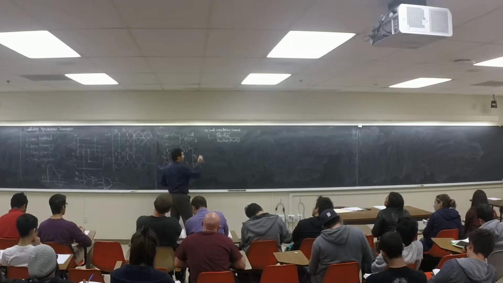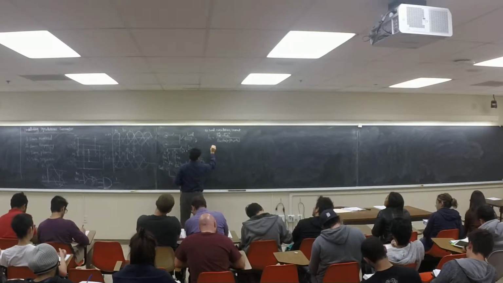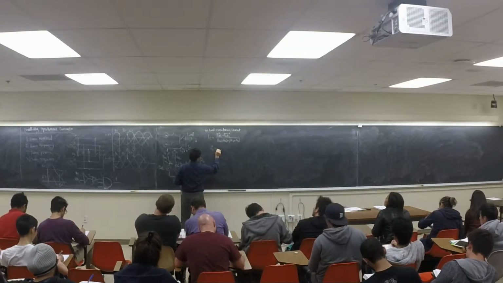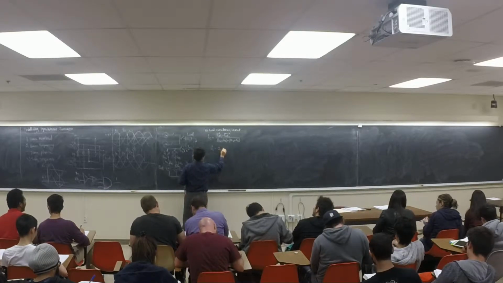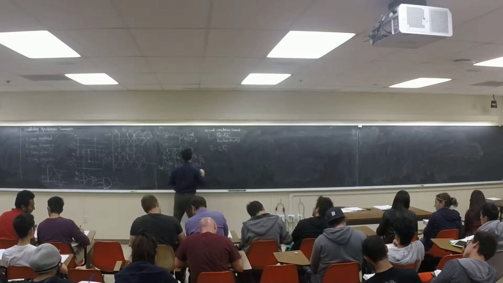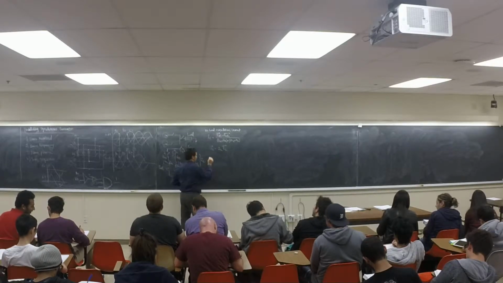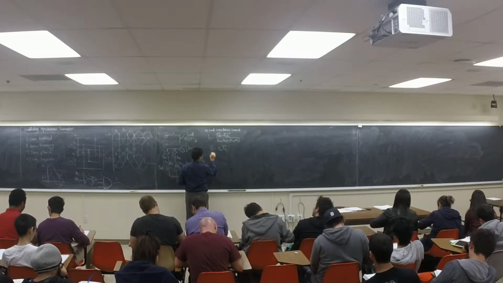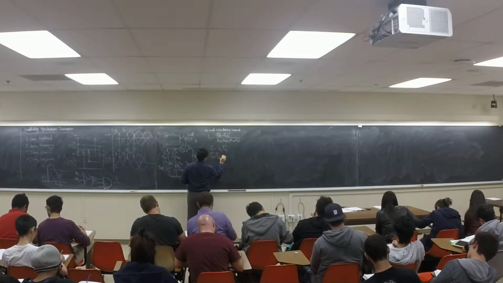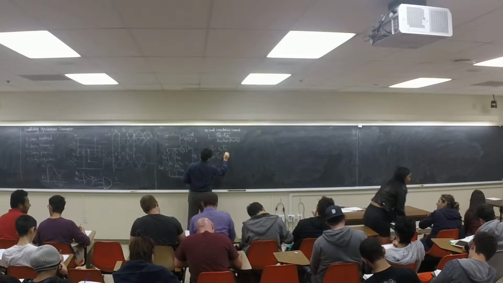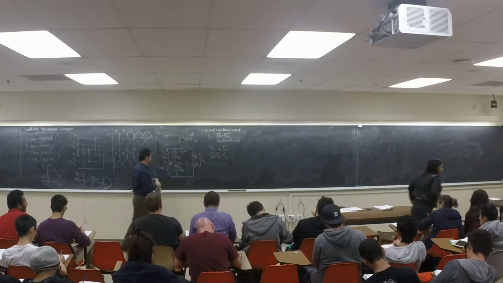VT, and these are all phasors, is equal to ZL IF. Another equation is IA1 plus IA2 is equal to IF. This is the second equation.